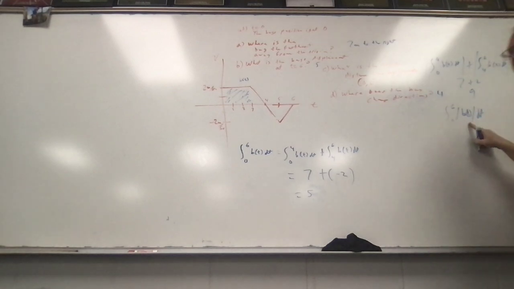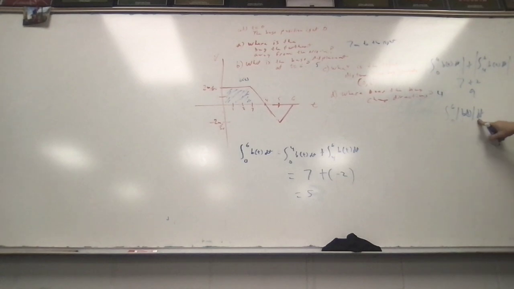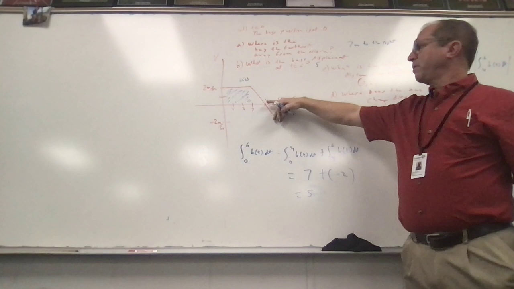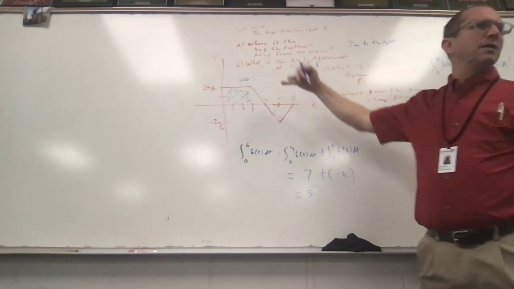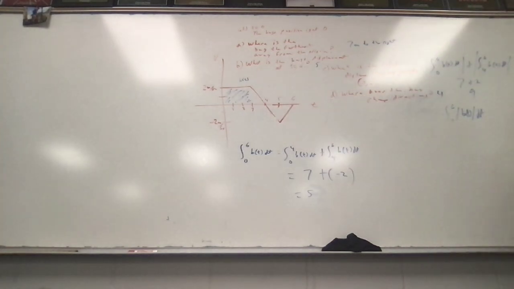That would also give you the correct answer. Because once you say the absolute value of the function, now you're saying every function value has to be positive, so you'd have to flip that up right there. So you could say this and then say that that was 9, or you could break it up into the separate integrals there. That would give you the correct answer.